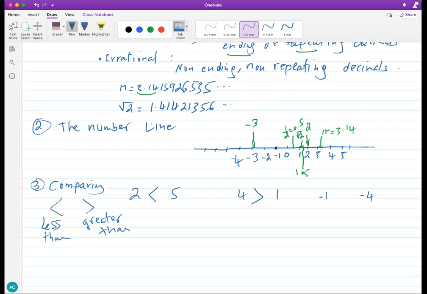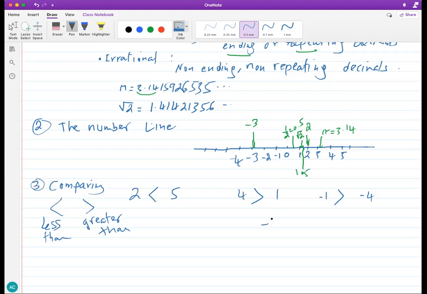That's right. -1 is on the right, -4 is on the left. Any number on the right is higher than any number on the left. Same way 5 is higher than 4, higher than 3. So -1 is actually greater than -4. This is not 1 and 4. This is -1 and -4.